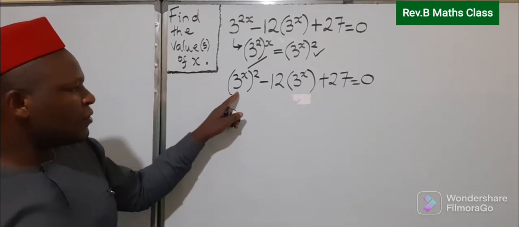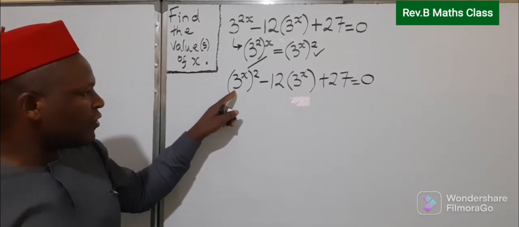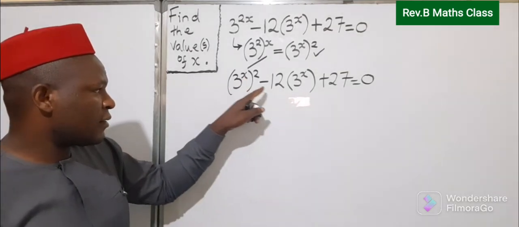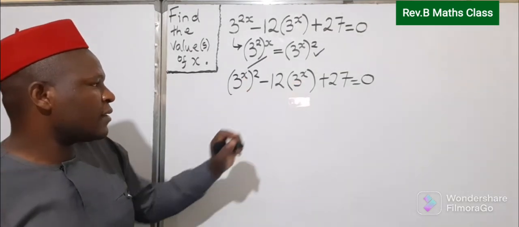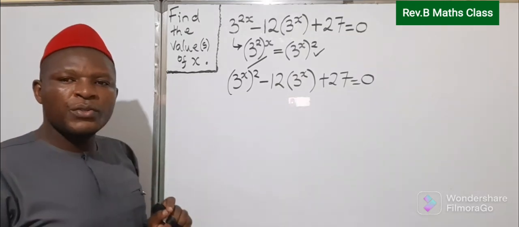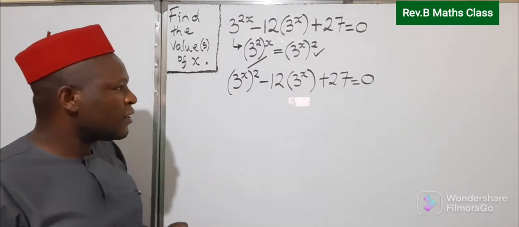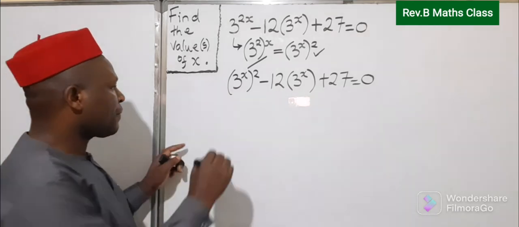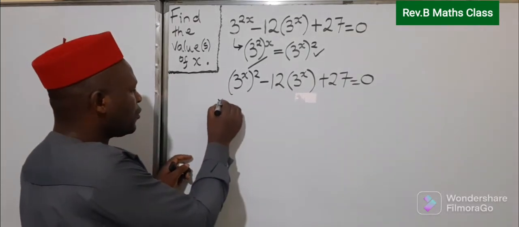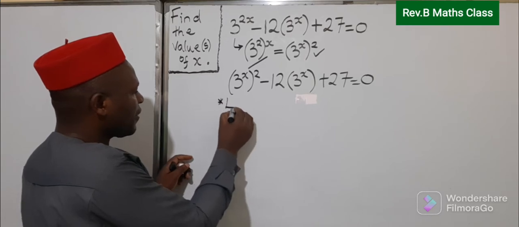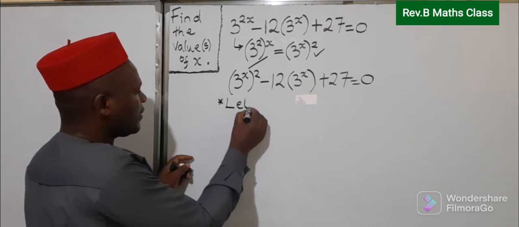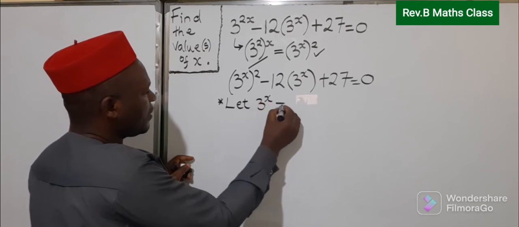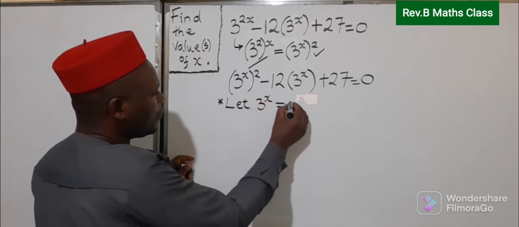What is coming out to be common at this point is a 3 raised to power x and also a 3 raised to power x there. So you introduce another condition to help you come up with the value of x. At this point you say, let 3 power x equals to y.